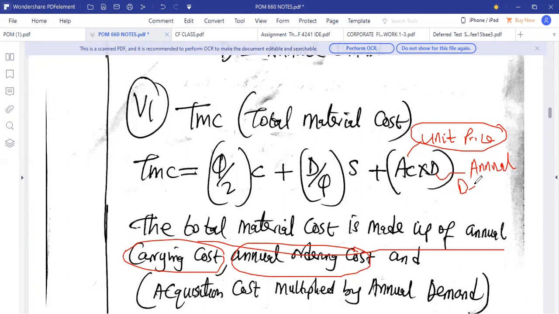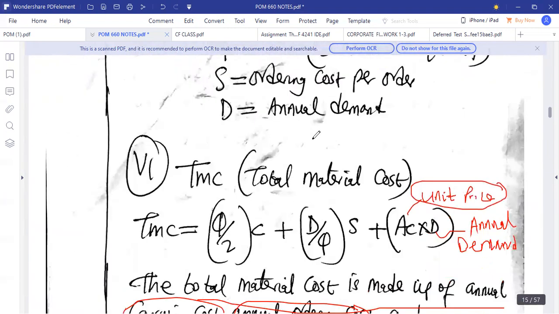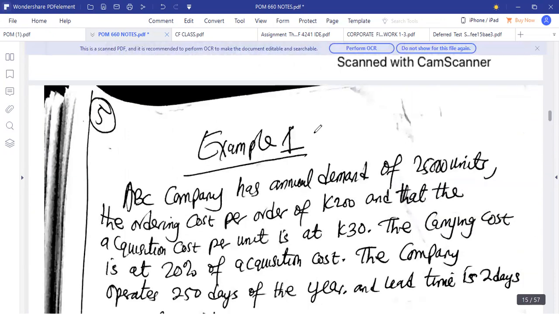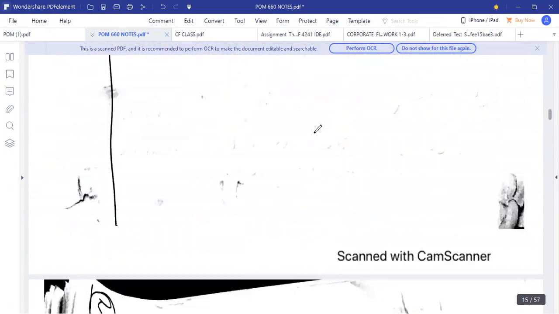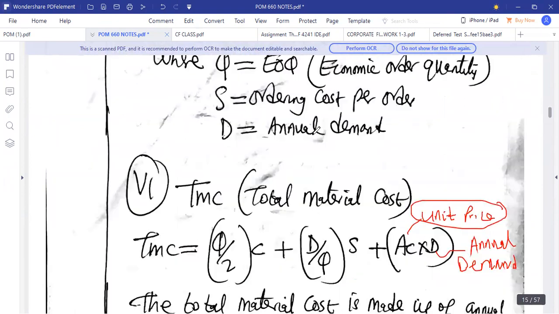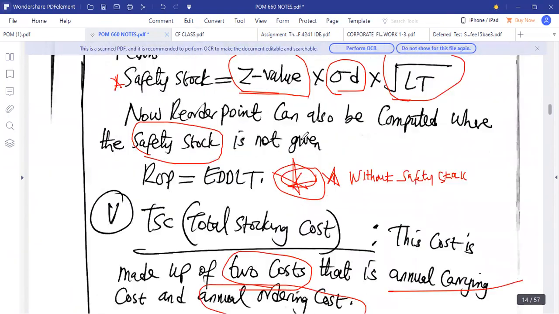So this is what goes on as we look at inventory management model 1, which is called the purchasing model. All these formulas are the same ones that we need as we go to the discount model, which is model 3.